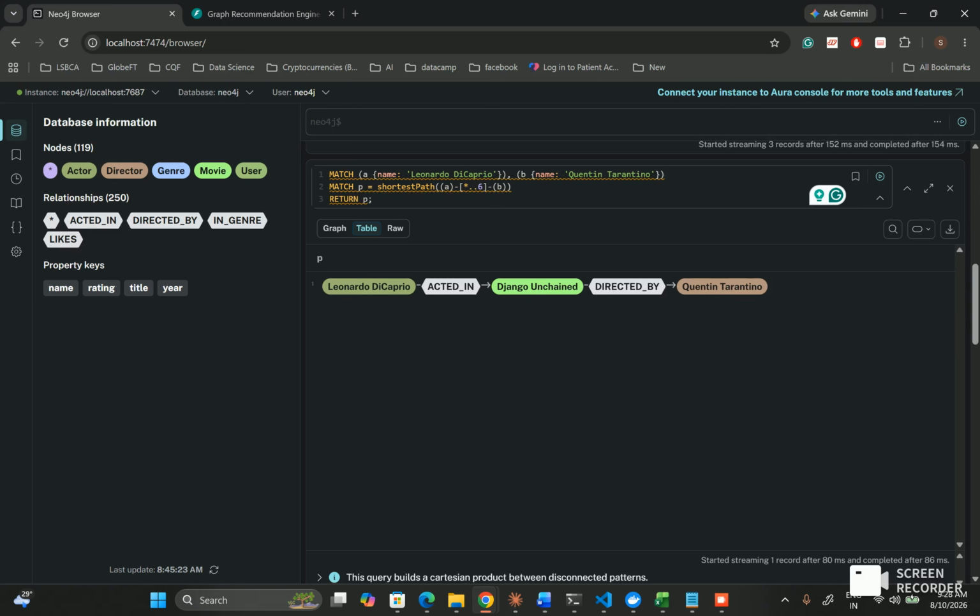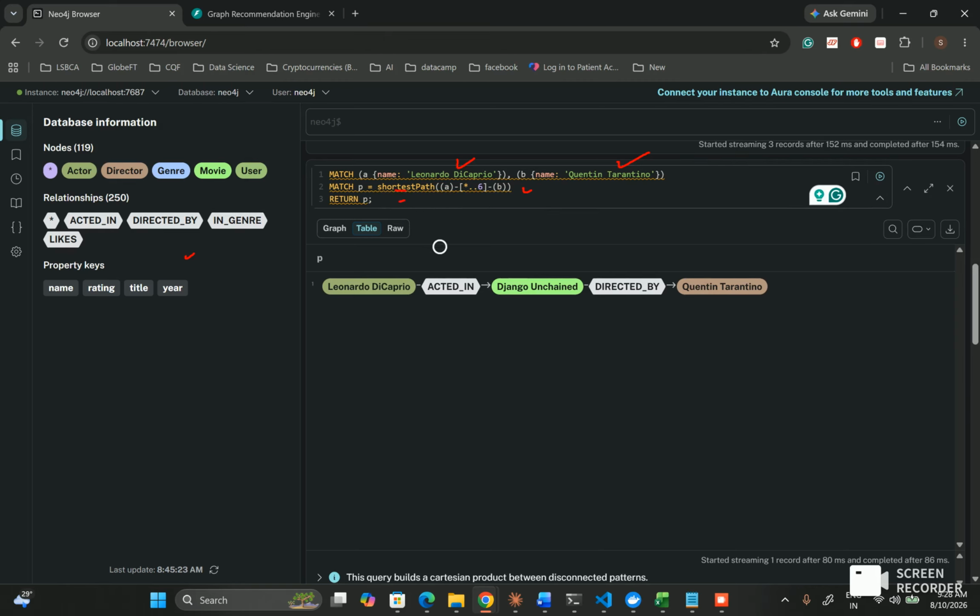First, let me explain the lines. Over here, the first line, we just point at our two starting people, DiCaprio and Quentin Tarantino. The second line is where the real work happens. The second line, that is the shortest path.